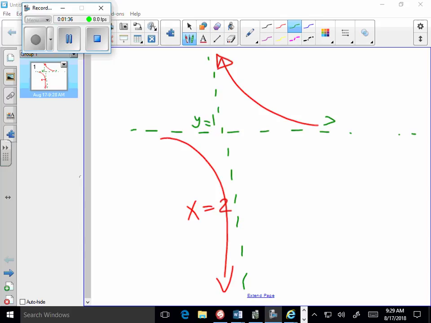And then over here, as x heads towards negative infinity, the function is also heading towards 1. So I'm heading to the same horizontal asymptote, but I'm not coming down from the top like I did over here. I'm coming up from the bottom, like that. Yeah? Okay. Any questions about this?